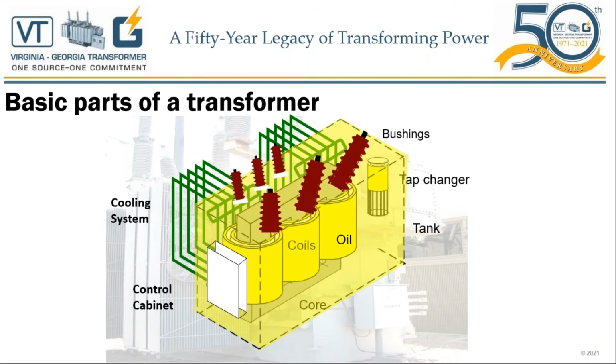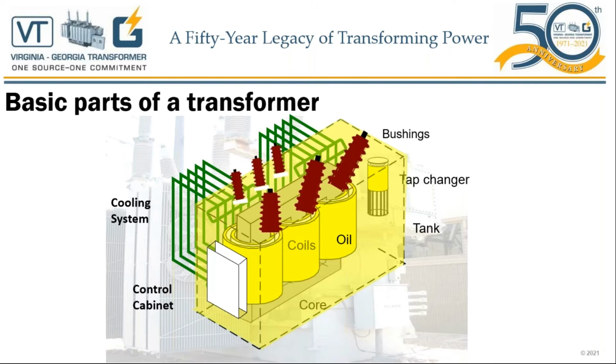What are the basic parts on a core form transformer? Starting from inside, of course, core, the coils, the leads, connections, cables, tap changer. Inside the tank could be mostly a de-energized tap changer. There are load tap changers as well.